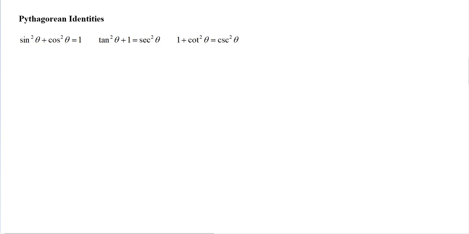Now these 3 identities are called Pythagorean identities, and possibly the most important identities. When they write sine squared theta, it means sine theta times sine theta. It is not the same as sine theta squared, so I hope you don't confuse them.